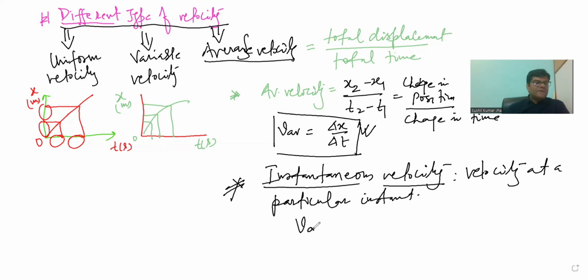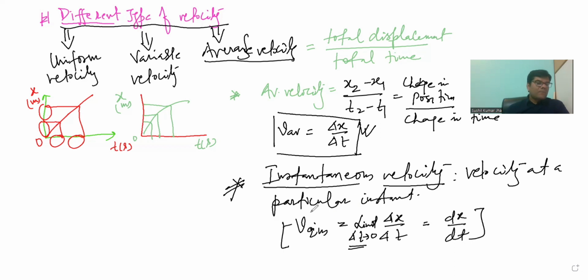The same V instantaneous can be del x upon del t, but here we write limit del t tends to 0, means this denominator del t is negligibly small but not a 0, or it can be like dx upon dt. Okay, so hope you are getting it.